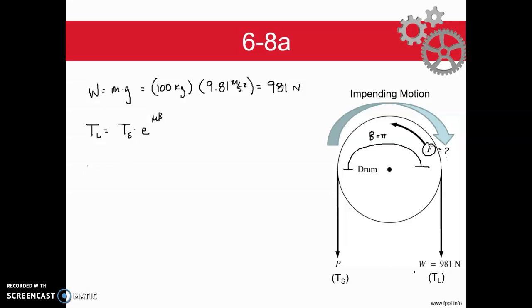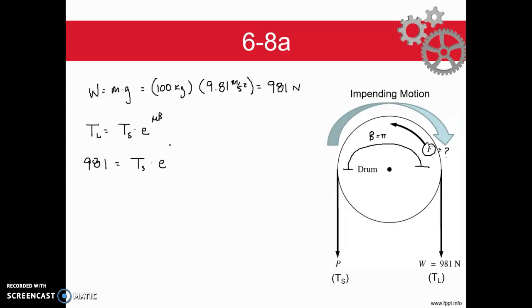Okay, so the large tension is the 981 newtons. We are going to have to pull on the other side with some force less than that. So our TL is 981 newtons, and that's going to equal the small tension times e to the power of, what was mu?